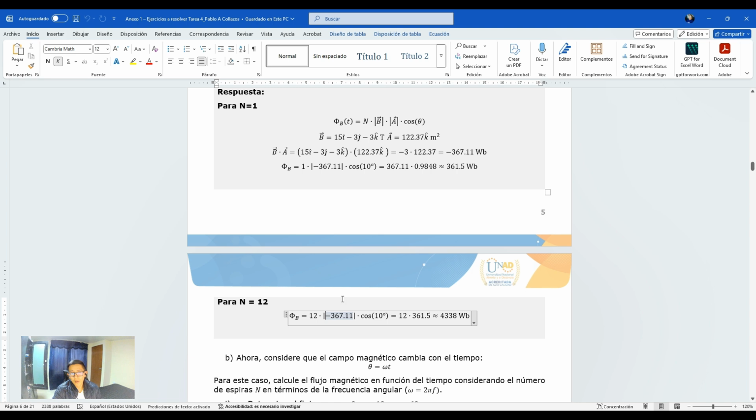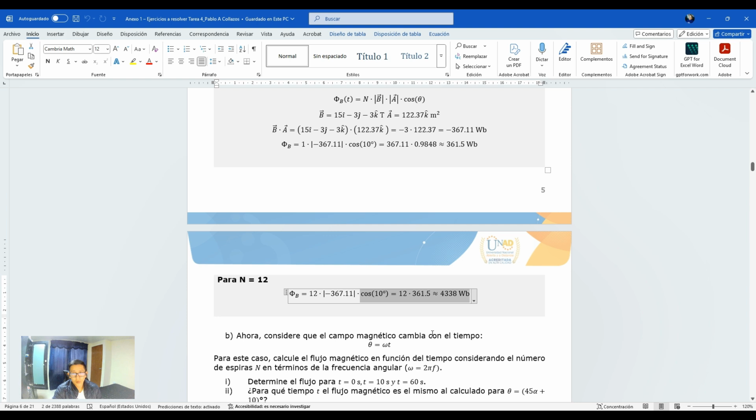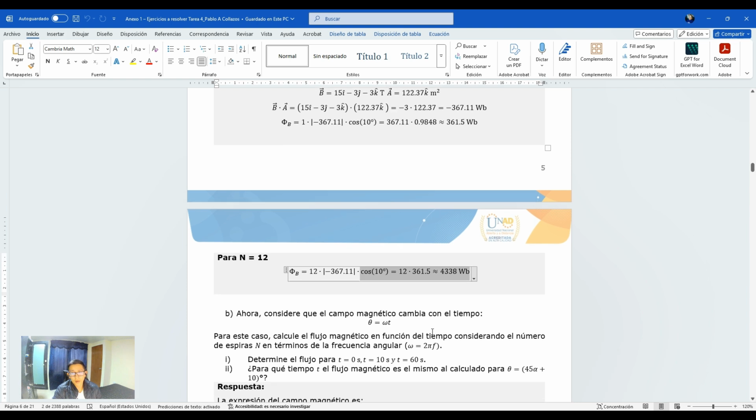Applying the cosine of 10 degrees, we get approximately 0.9848. Therefore, the flux equals negative 367.11 times 0.9848, which is approximately negative 361.5 Webers.